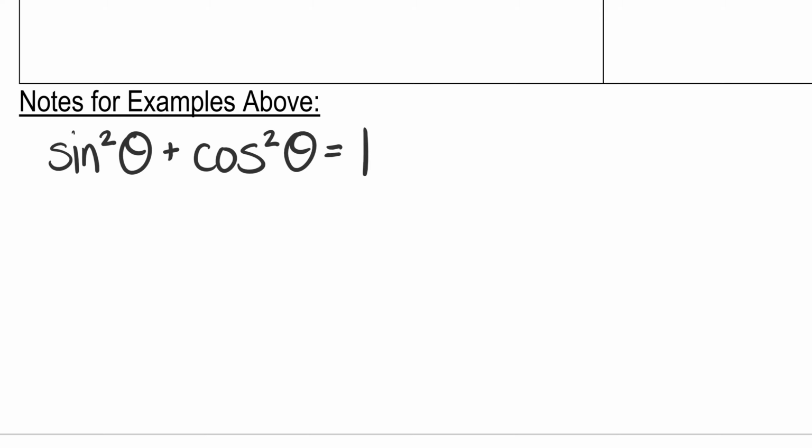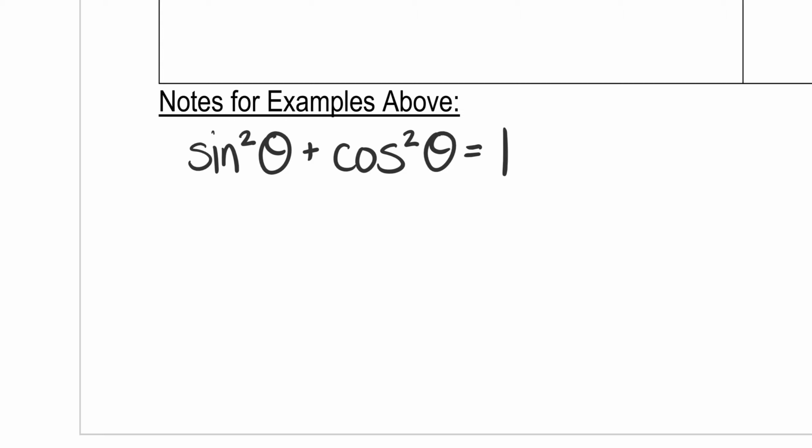And if you'd like to know where that came from, we have our unit circle right here, right? Remember, in a unit circle, the radius is 1. That's our hypotenuse. And if we draw a triangle in there, remember, x-axis is cosine, y-axis is sine, and then our hypotenuse is 1.